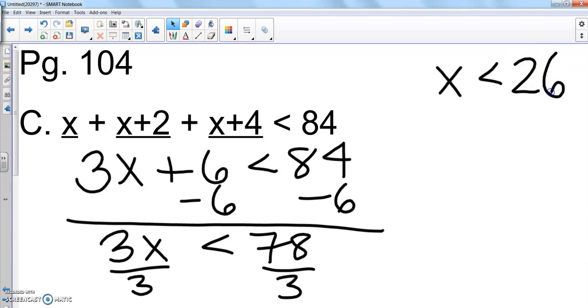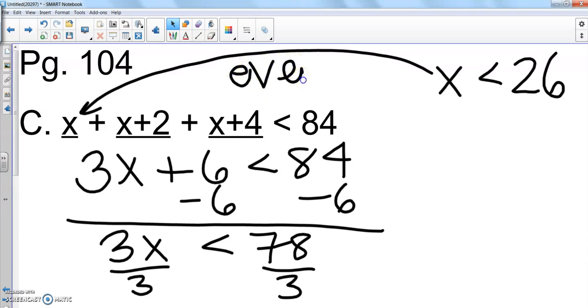Okay, so we got to be real careful about how we answer this one. All right, this says my first one, x, has to be less than 26. And it also has to be an even. So it can't be 26 because it's not equal to it. It has to be less than 26. So that means x has to be 24. Because that's the even number that's less than 26.